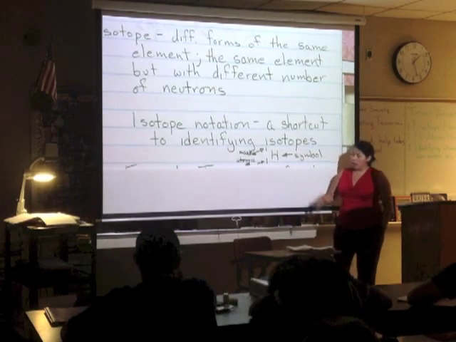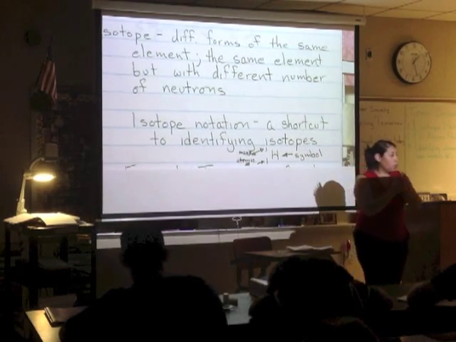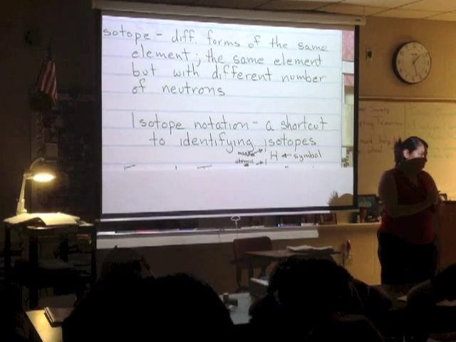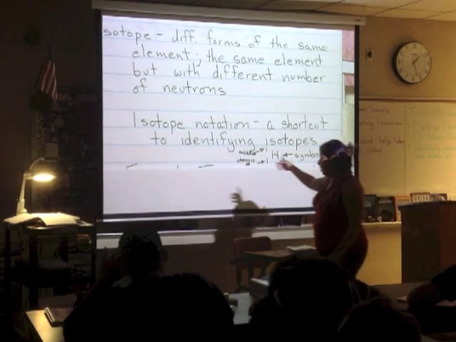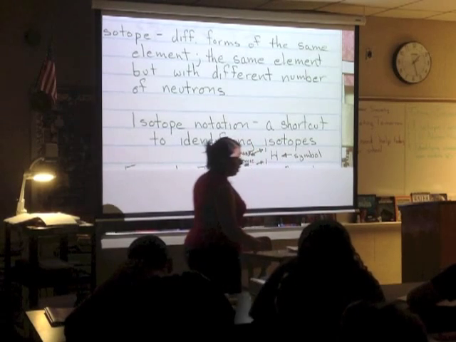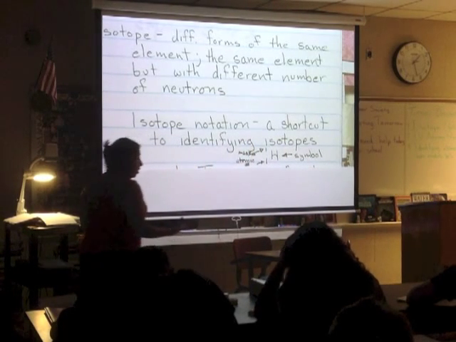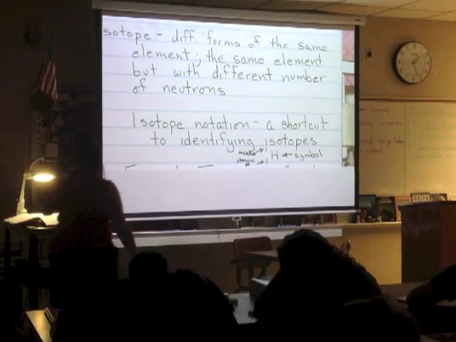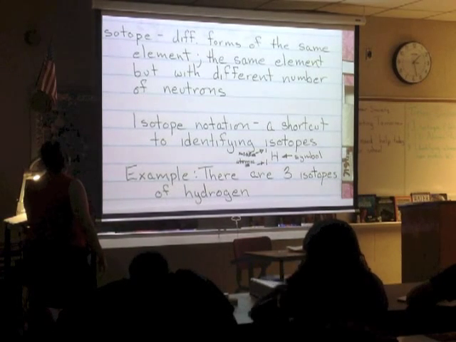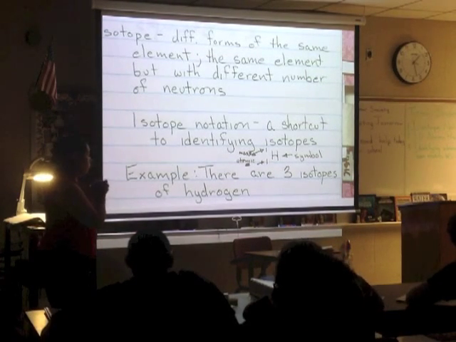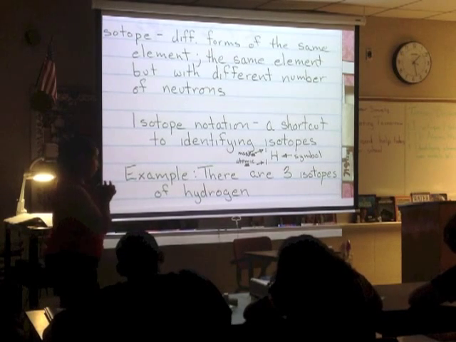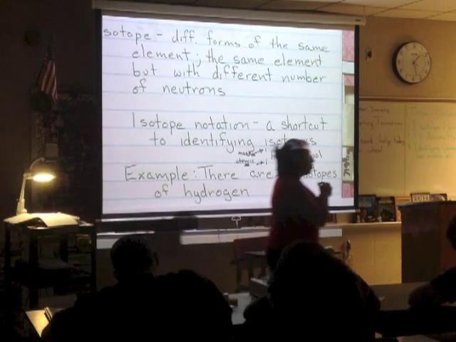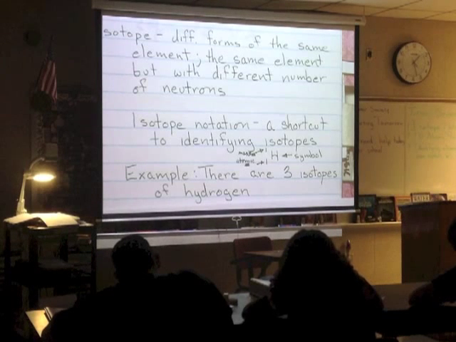Now, when we look at isotopes, we're going to look at isotope notation, and then we're going to look at one other way that we can write it. Well, we calculate the same way. So let's look at examples. We're going to look at 3 isotopes of hydrogen. Now, isotopes sometimes are given different names.